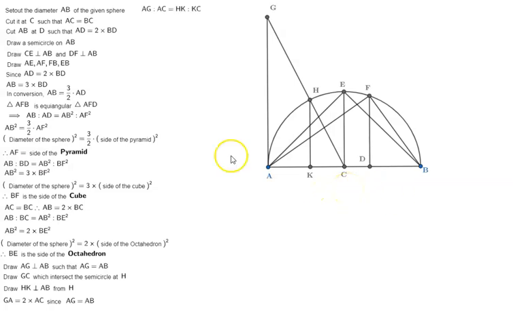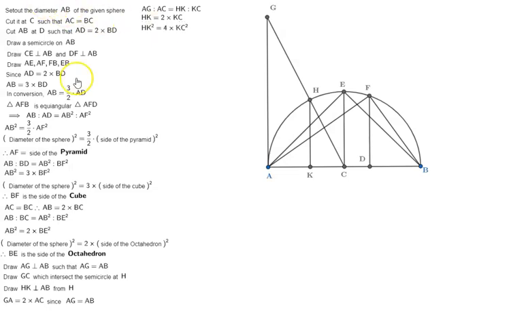So now AG is to AC as HK is to KC, because these two triangles are equiangular. And since AG is 2 times AC, that means HK is also 2 times KC.